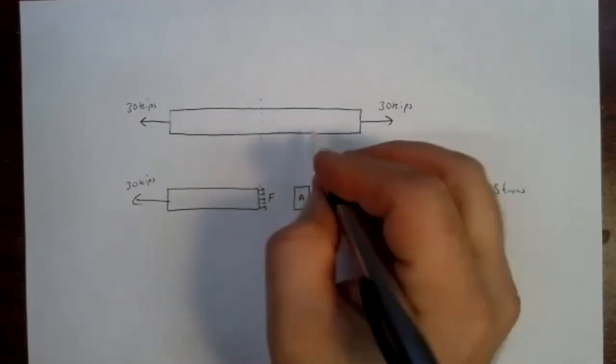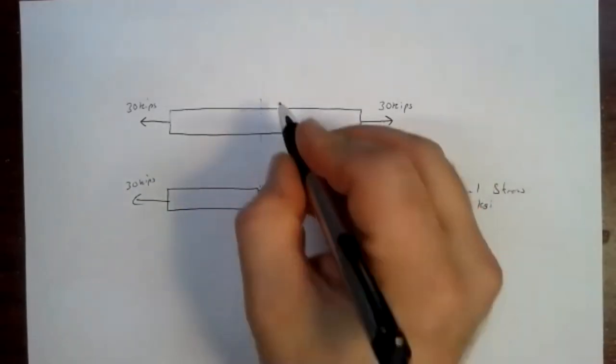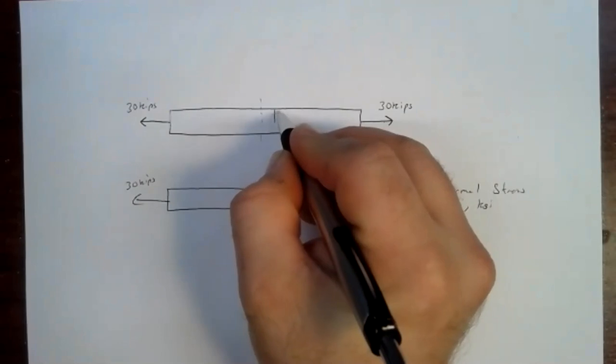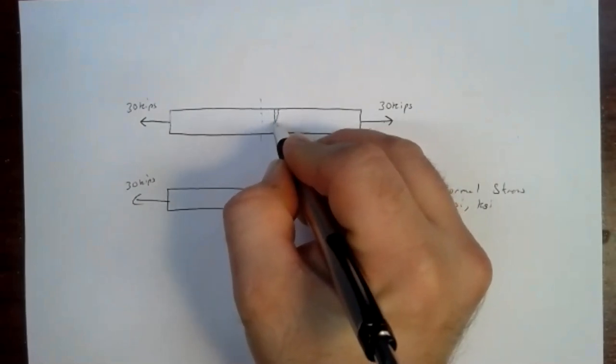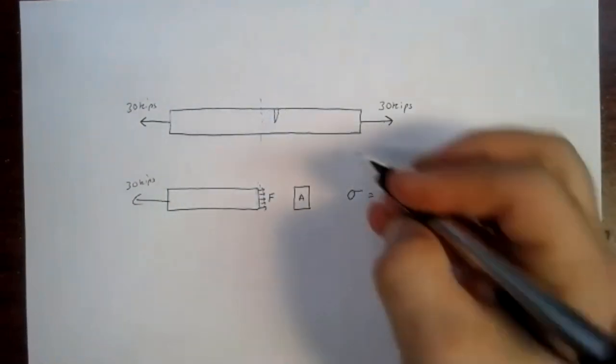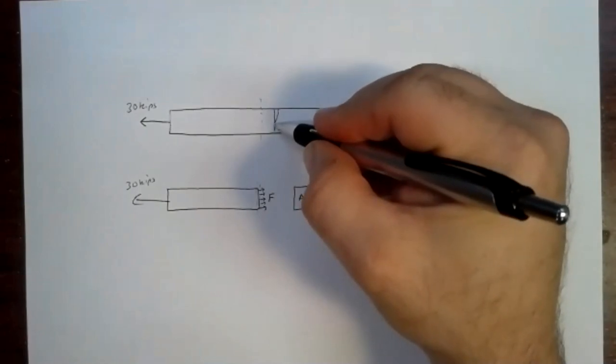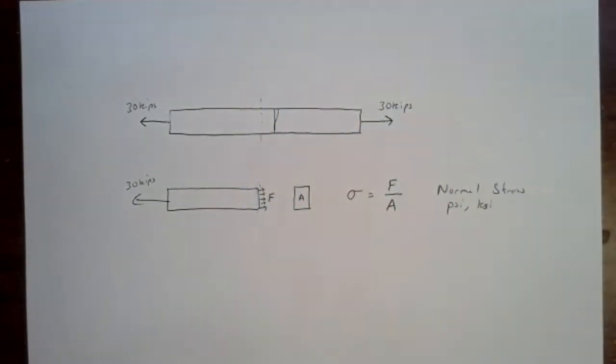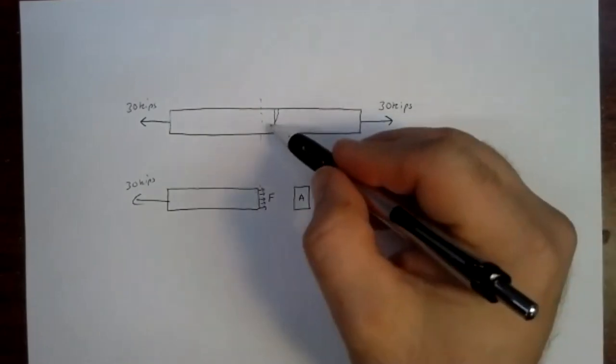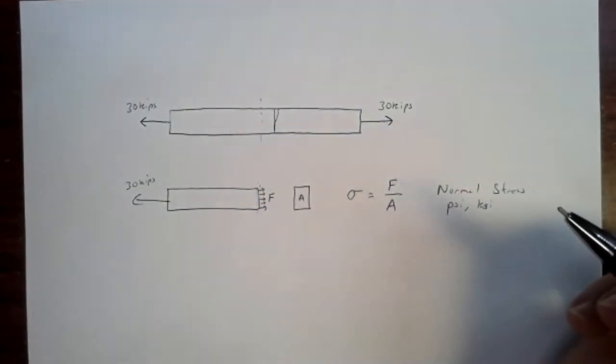Take, for example, let's say we've got this beam, but this beam has a crack in it. If this beam has a crack in it right there, there's a portion of this beam where the area is much smaller than the cross-sectional area of the beam. Could be a lot smaller. In that area, the stress is going to be a lot higher.